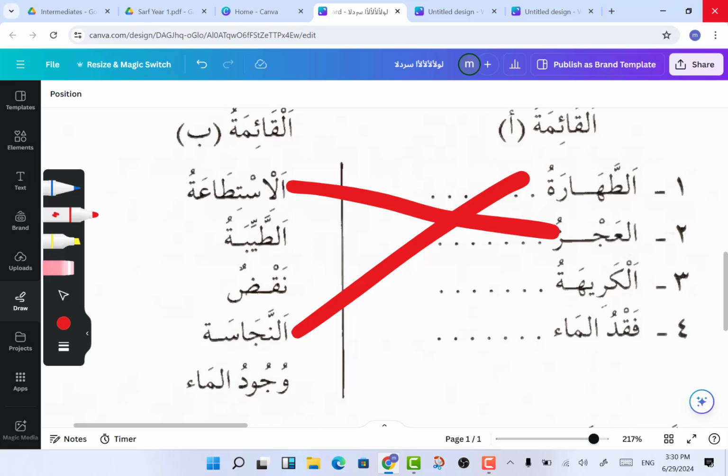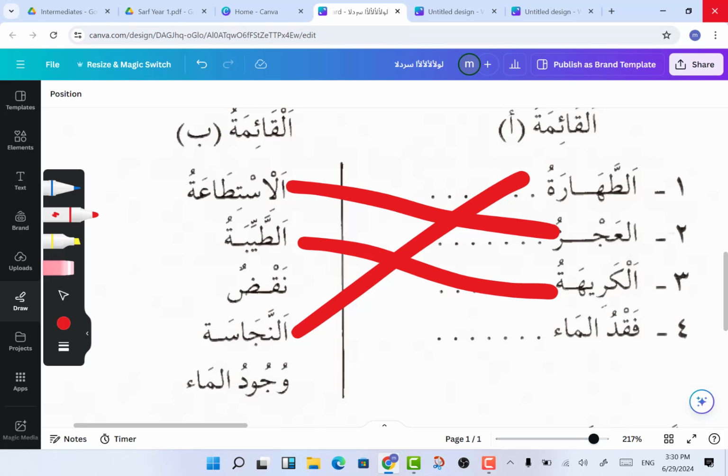Al-kariha, something detestable, especially of bad odor. So we have at-tayyiba to be the opposite, that is nice.